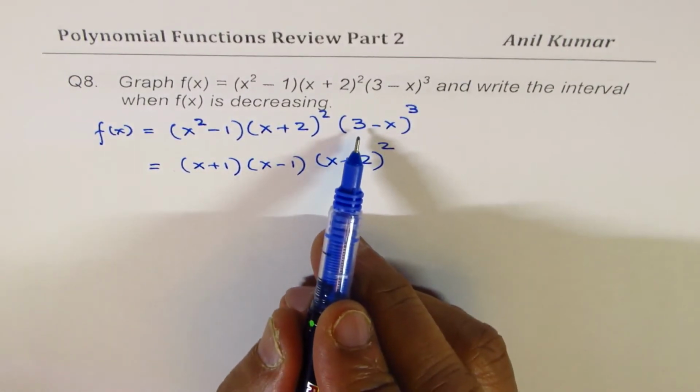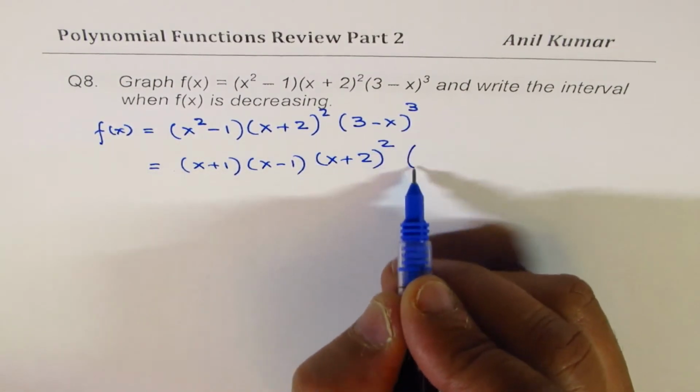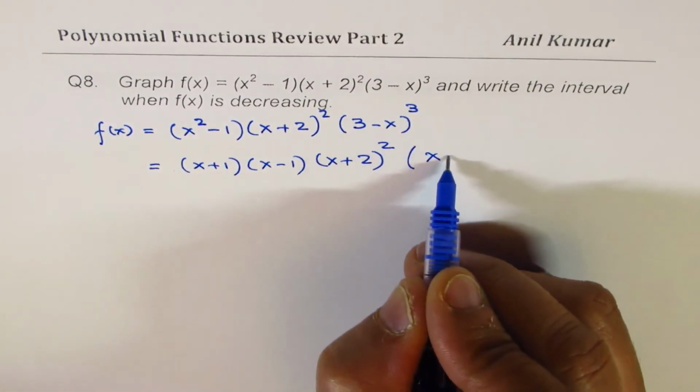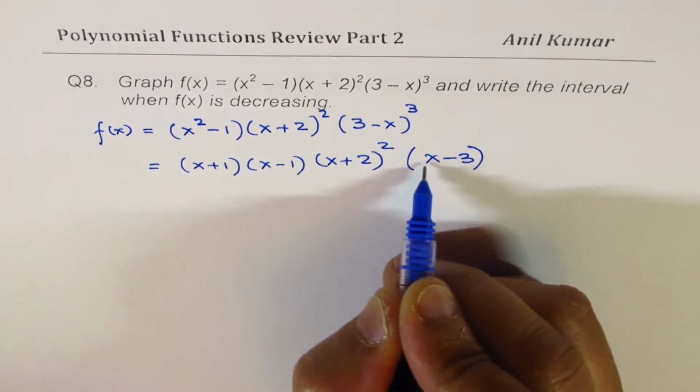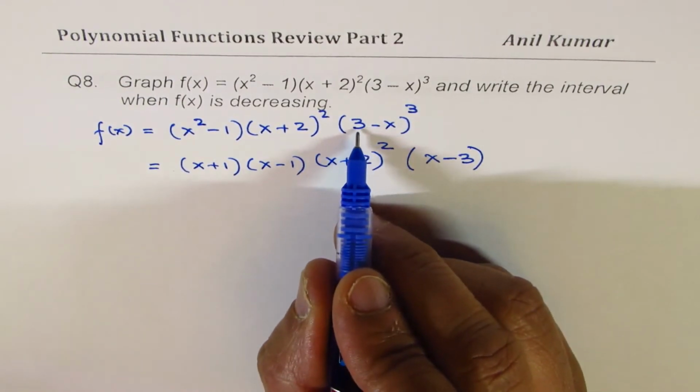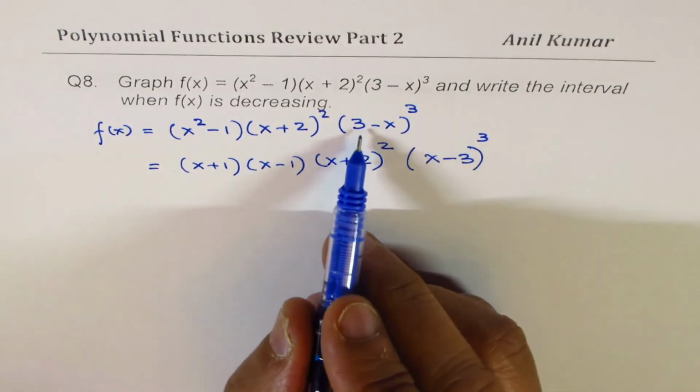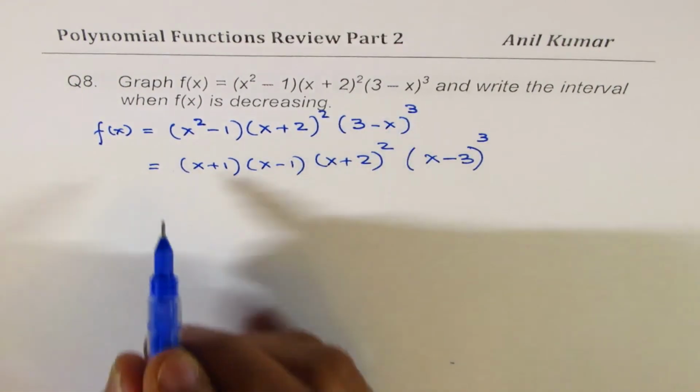Now this term is 3 minus x. It is good practice to write it as x minus 3. Of course, you have to take the negative outside. It's a cube, right? So a negative cube will be a negative number.